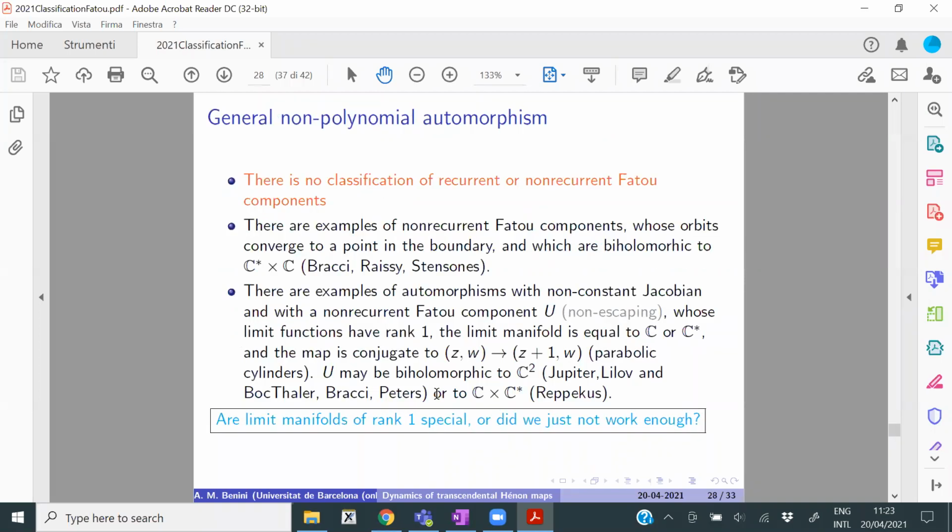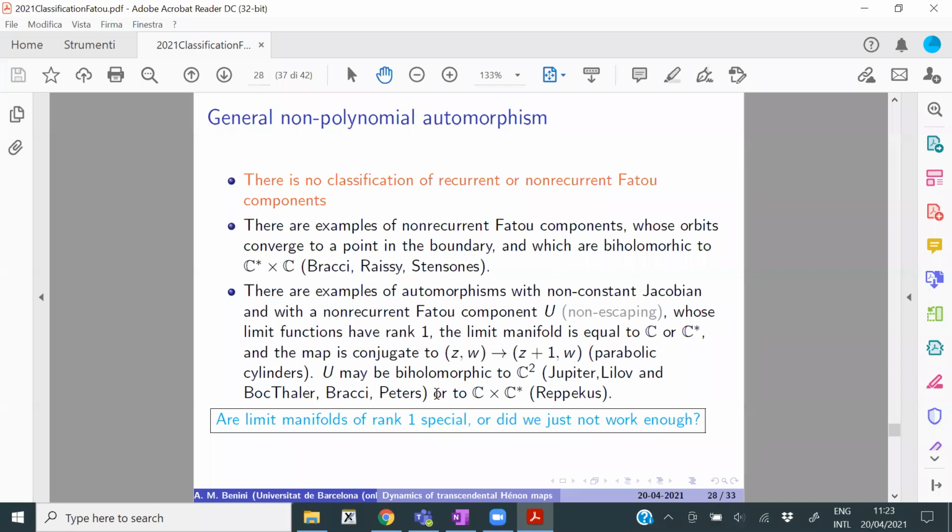So more generally, for general non-polynomial automorphisms, there is no classification of recurrent, there is no classification of non-recurrent, it's very open. And there are examples of Fatou components which converge to a parabolic point. I call it a parabolic point, but it's a bit sloppy, just so that we understand. So there are examples of Fatou components which converge to parabolic points and which are not simply connected, so they are biholomorphic to C times C star.